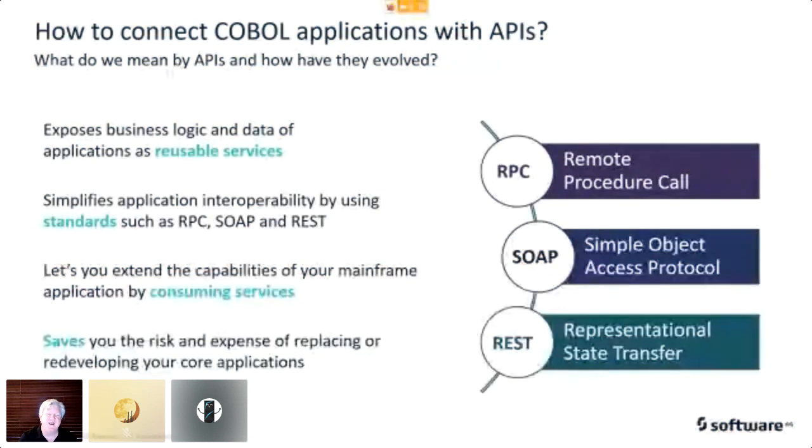You know, we started out, an API, we think of it as just a reusable service, exposing the business logic and data of an application. It started out with RPC, remote procedure calls, long ago. You saw that in the VB world, the Java world. But we have a standardized capability defining what those RPCs are. SOAP was the first one.